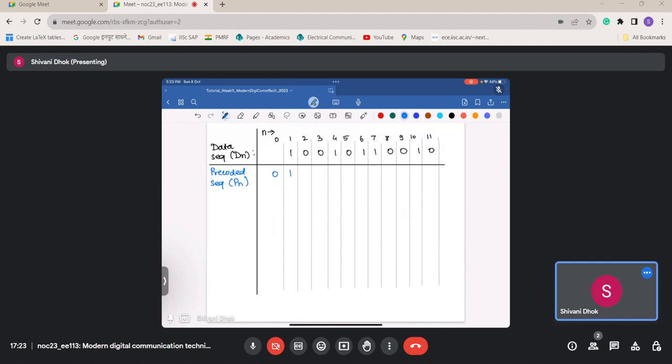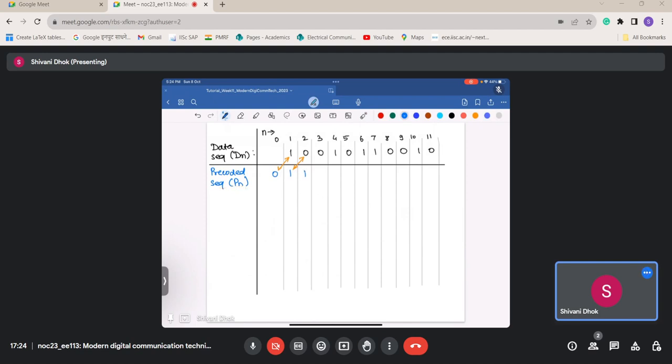Similarly, for some initial thing, I'll draw this. So for n equal to 2, I need to find XOR between these two. So XOR of 0 and 1 is again 1.